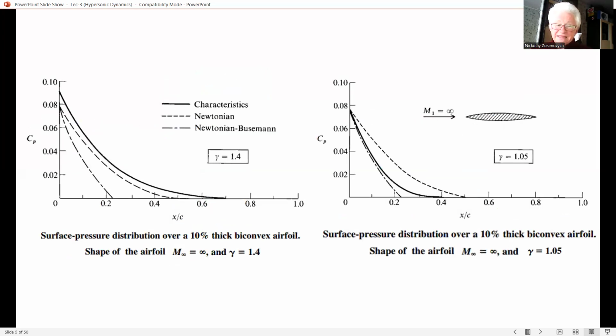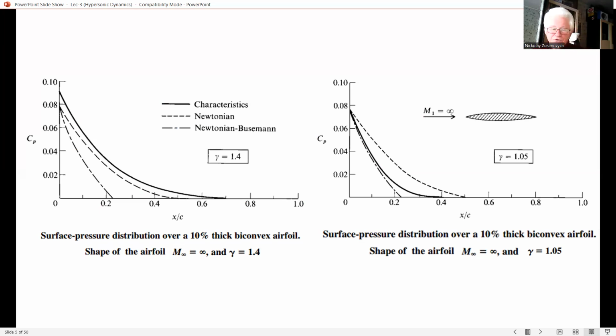Also, in this combined limit, the centrifugal correction becomes physically appropriate. And this gives us that the Newtonian-Busemann theory gives better results than straight Newtonian.